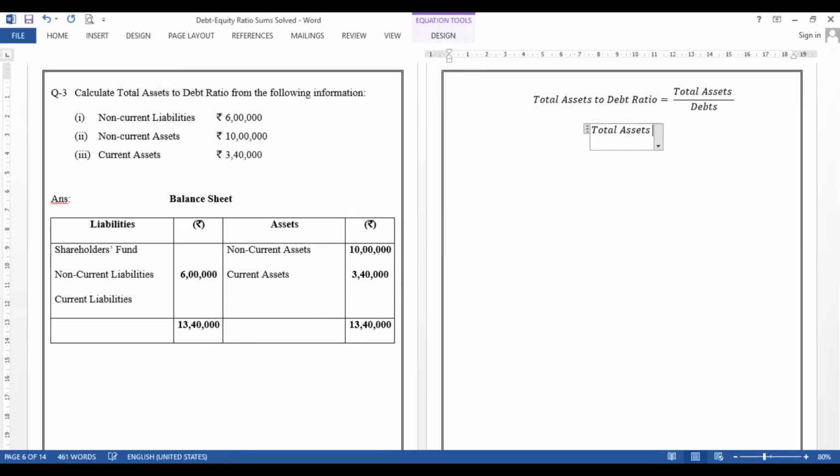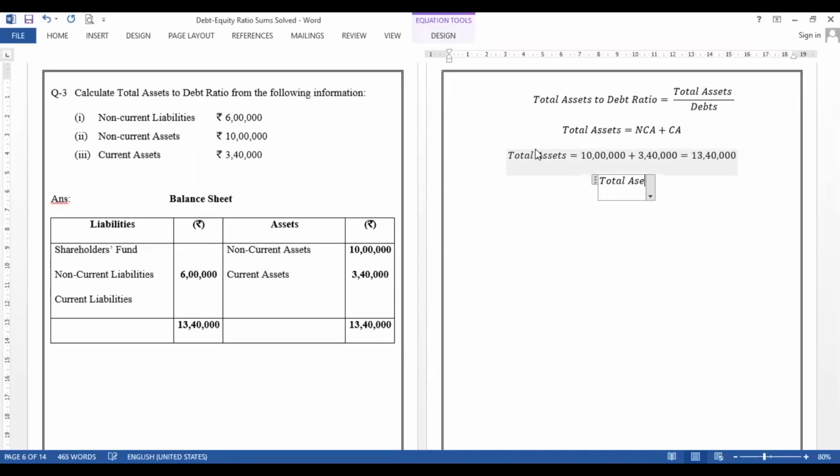Total assets will be equal to non-current assets plus current assets. Let us place the values. Non-current asset is rupees 10 lakh plus current asset is 3,40,000. So the total is 13,40,000.